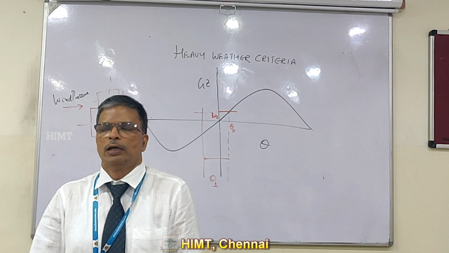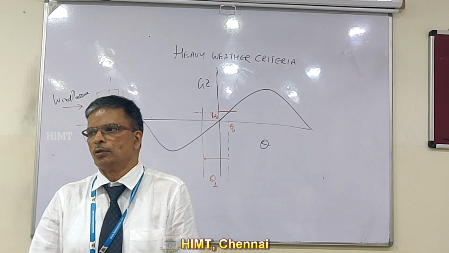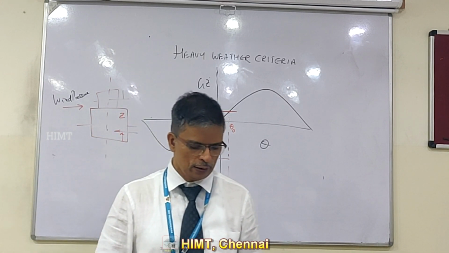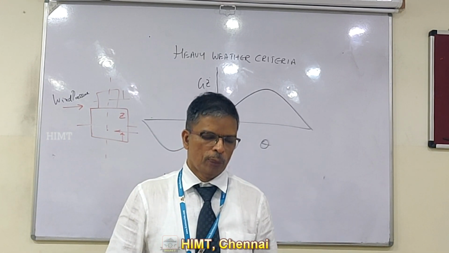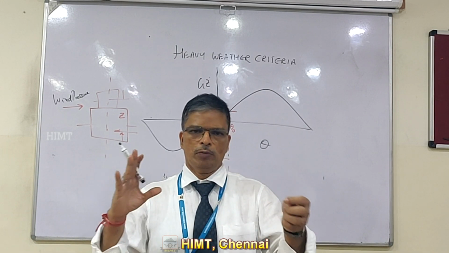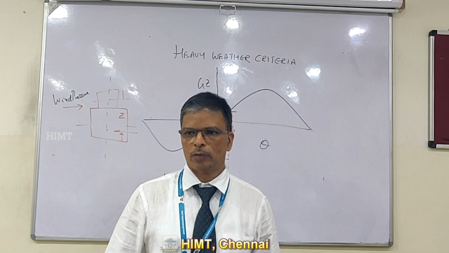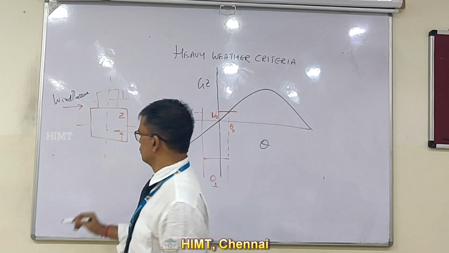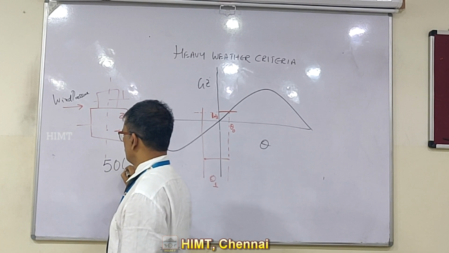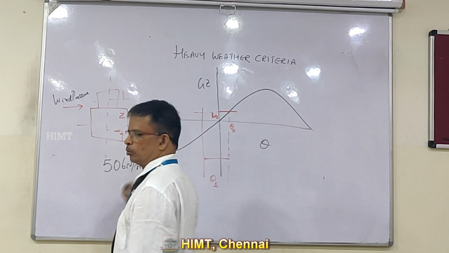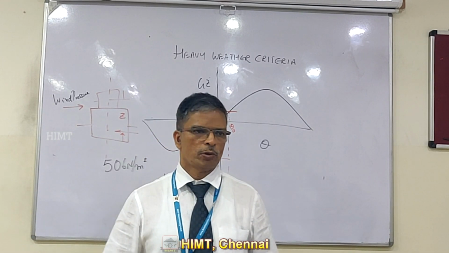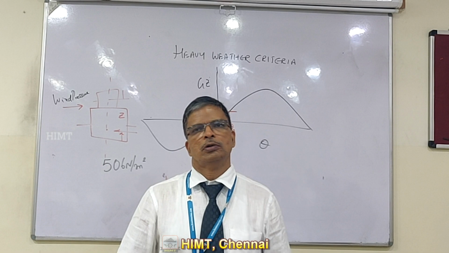So for defining what is the type of weather, how much severe weather the vessel has to withstand, the pressure of the wind is mentioned. That wind will be blowing with so much of pressure. So the pressure which the vessel has to withstand or is designed for is 506 Newton per meter square. That wind pressure of 506 Newton per meter square is acting on the ship.